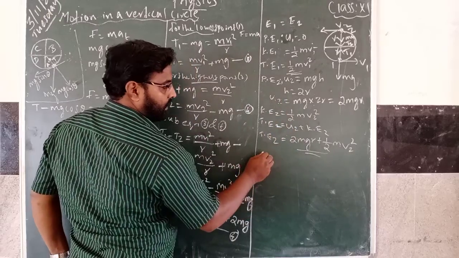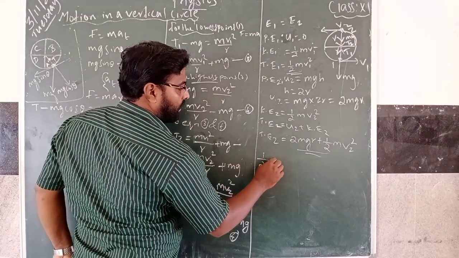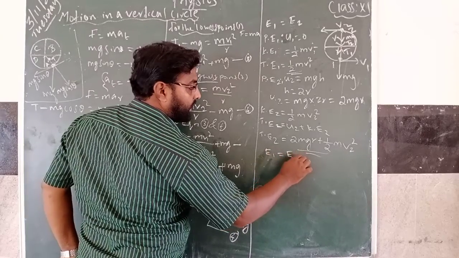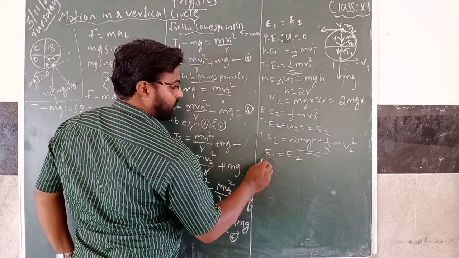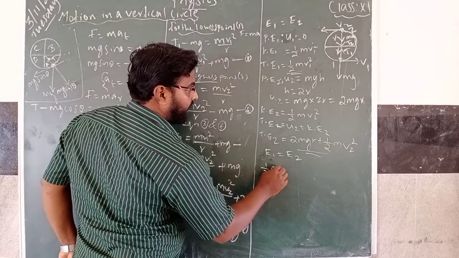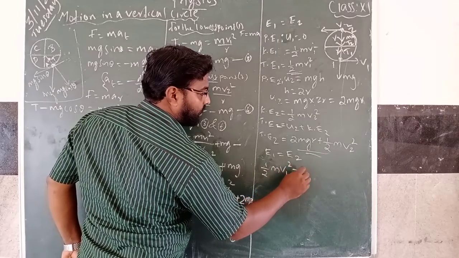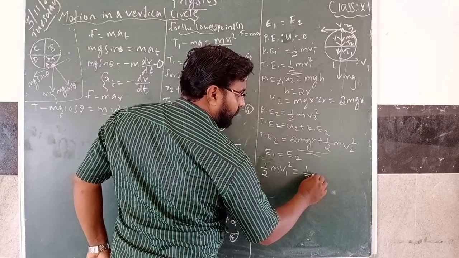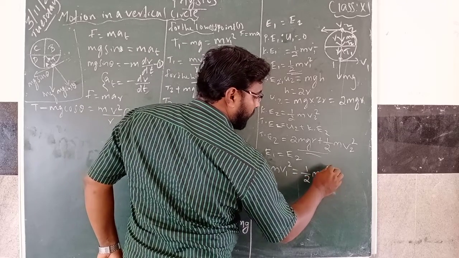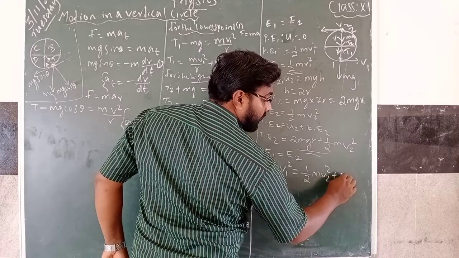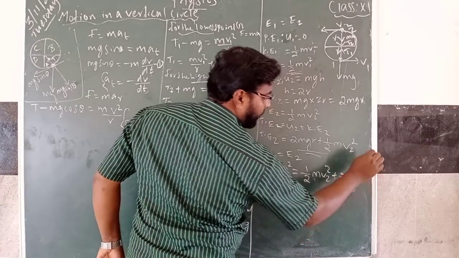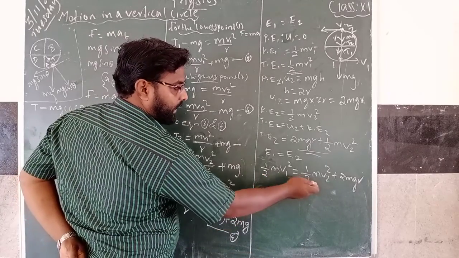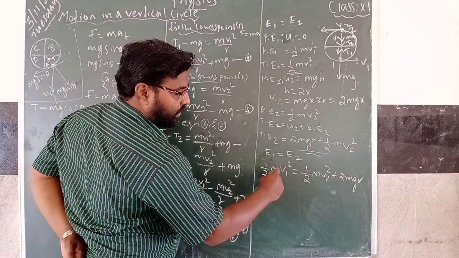Total energy at position 1 is equal to total energy at position 2. So half mv1 square is equal to this. You can rearrange and write half mv2 square plus 2mgr. From this equation you can take this half mv2 square to the opposite side.